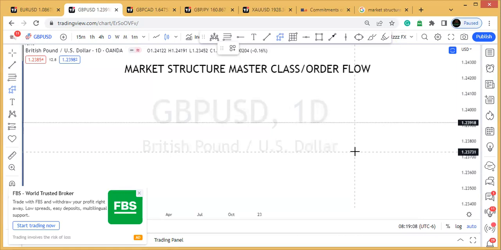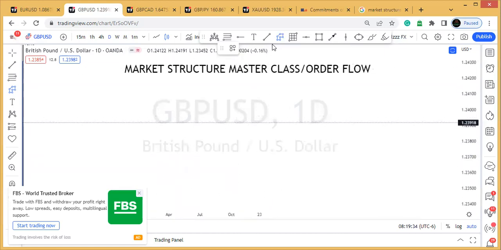There are characteristics you want to see in the market to determine whether this is a bullish market or a bearish market. And I'll be showing you how the banks, the big institutions, look at the market. That's what I'm going to be revealing in this video. So let's get right into it.